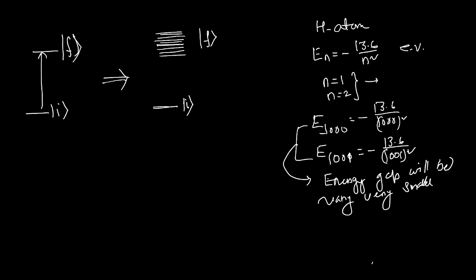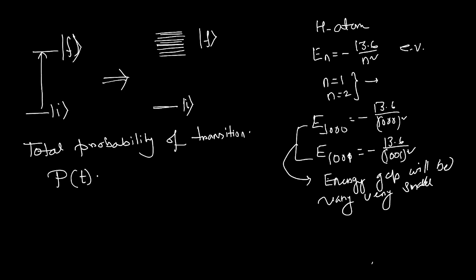Now if you shine the light, then the total probability of transition can be written as, into density of the state, into dE.